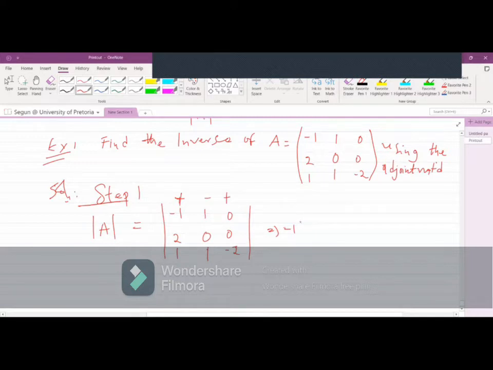Let's just check it together because of people that were not here last week. You take this one, you open the bracket with the first row, which is -1. The row and the column it belongs to are removed, right? You have 0, 0, 0, 1, -2. The next one is 1, 2, 0, right?